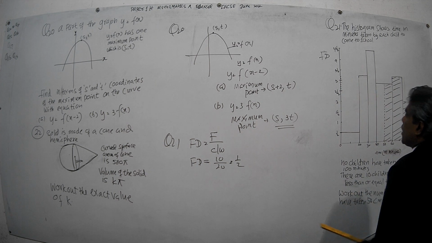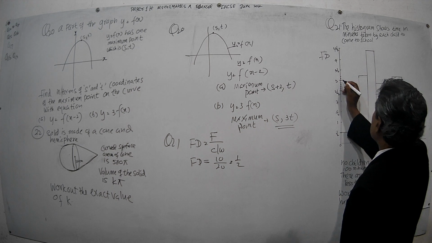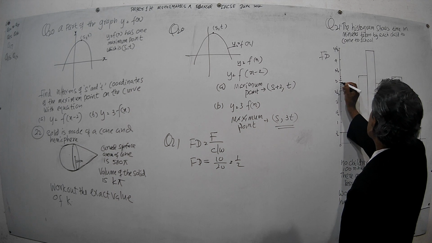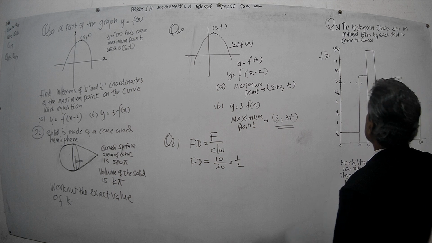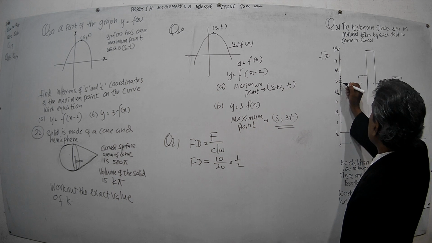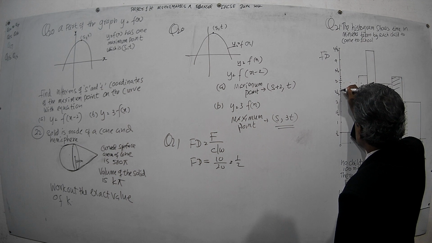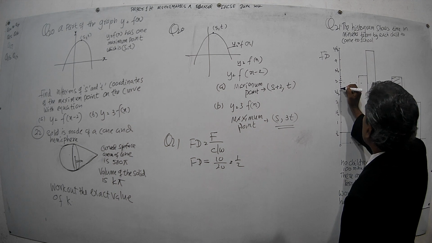Then we have to find this height, this point, this height, like that. From here it is 2.5, then we have to find this part. To find this part, you find how much one part is and multiply by 4, because there are 4 parts from here to here: 1, 2, 3, 4.